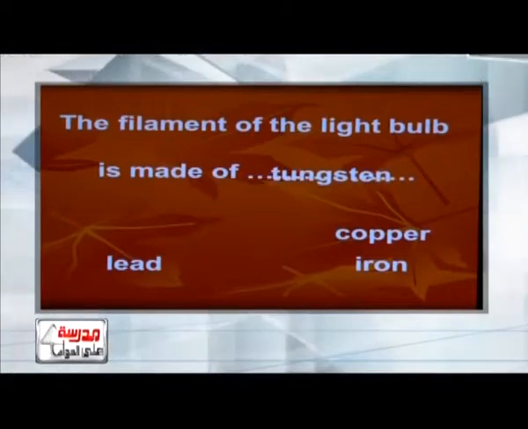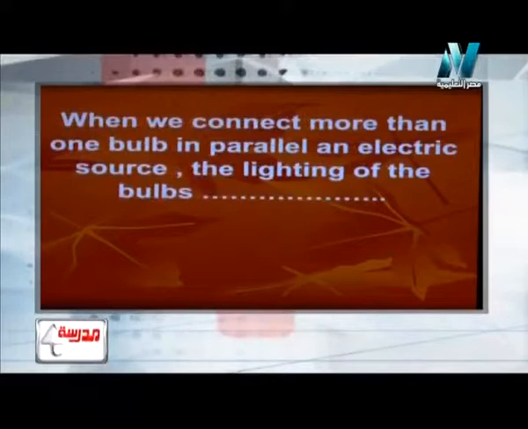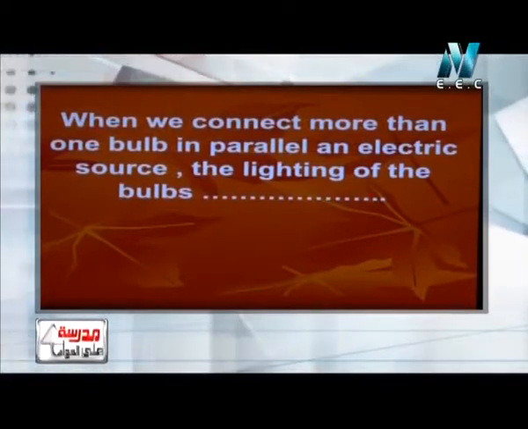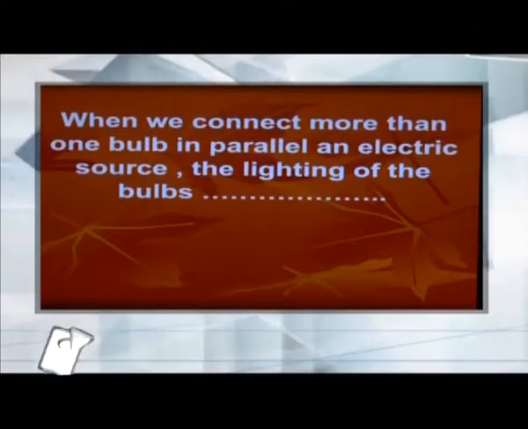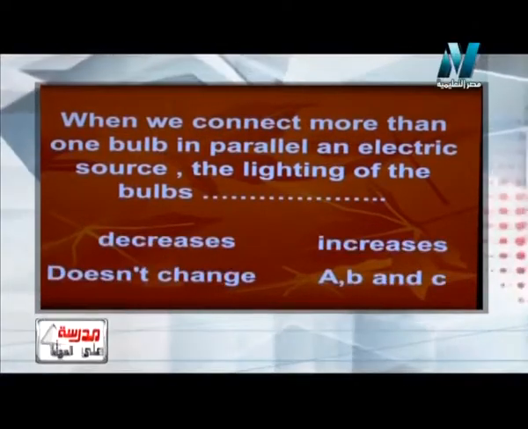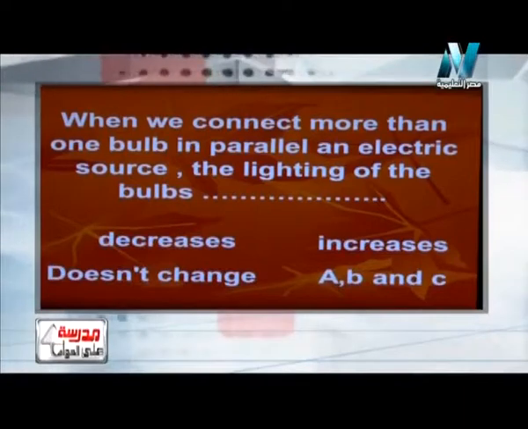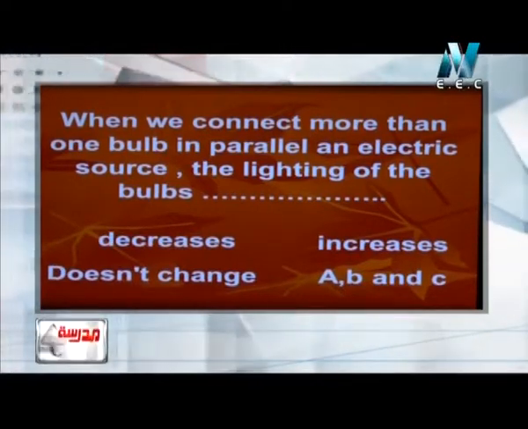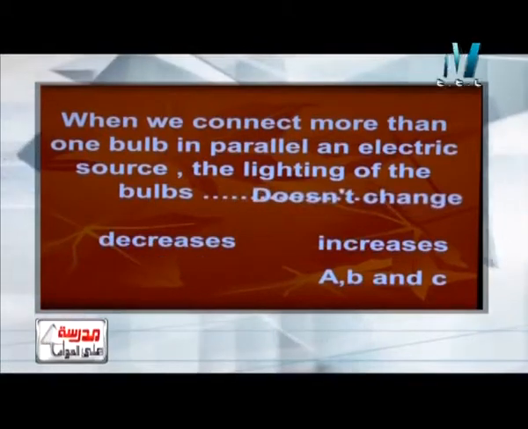Another question. When you connect more than one bulb in parallel to an electric source, the lighting of the bulbs decreases, increases, or doesn't change. Surely the answer will be doesn't change because it's a parallel connection.